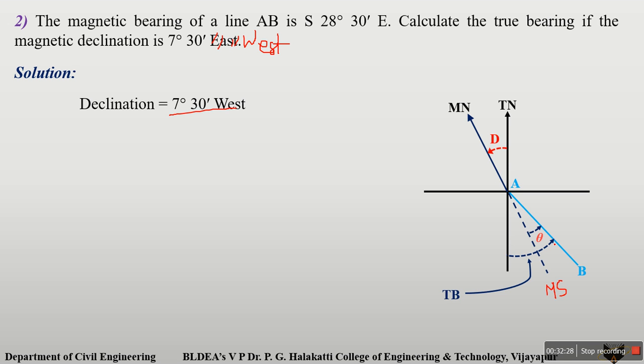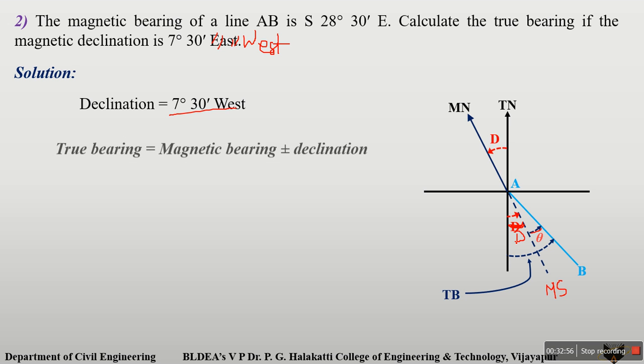For calculation of this one, we have to add this much angle plus this theta value. What is the value of this one? The angle from the true south to the magnetic south is a vertically opposite angle, so the angle is equal to D only.